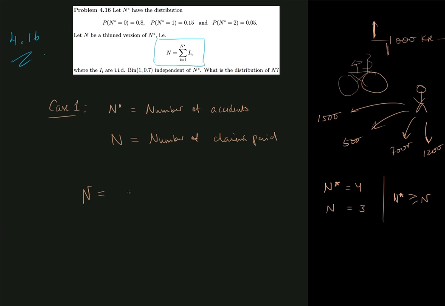N is equal to the sum of I_i for i ranging from 1 up to N star, where it is assumed that each I_i is Bernoulli distributed, or as in the book it's called simply binomially distributed, with success parameter p. What does that mean? That means that I_i equals 1 with probability p, and it equals 0 with probability 1 minus p.